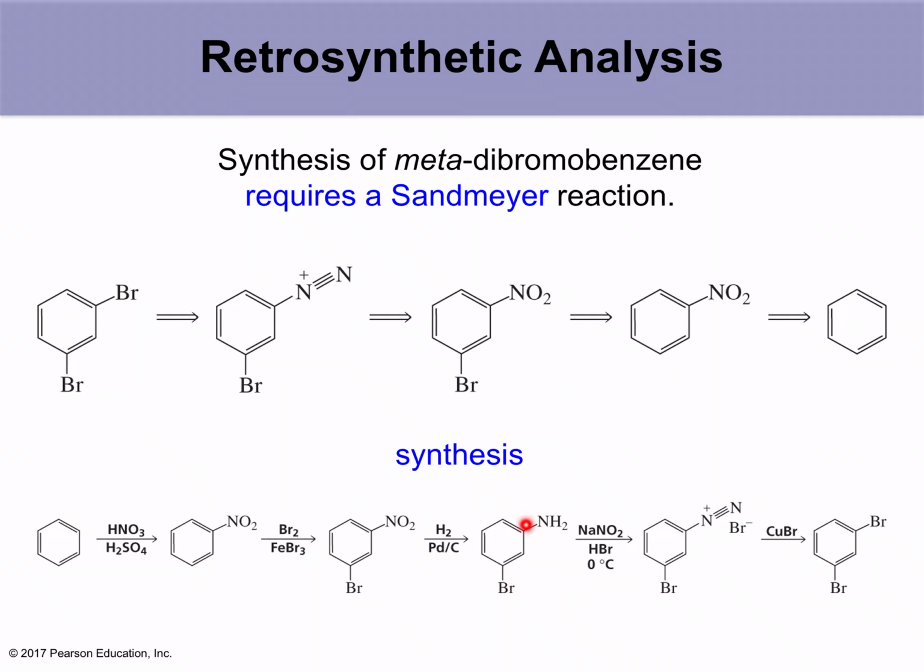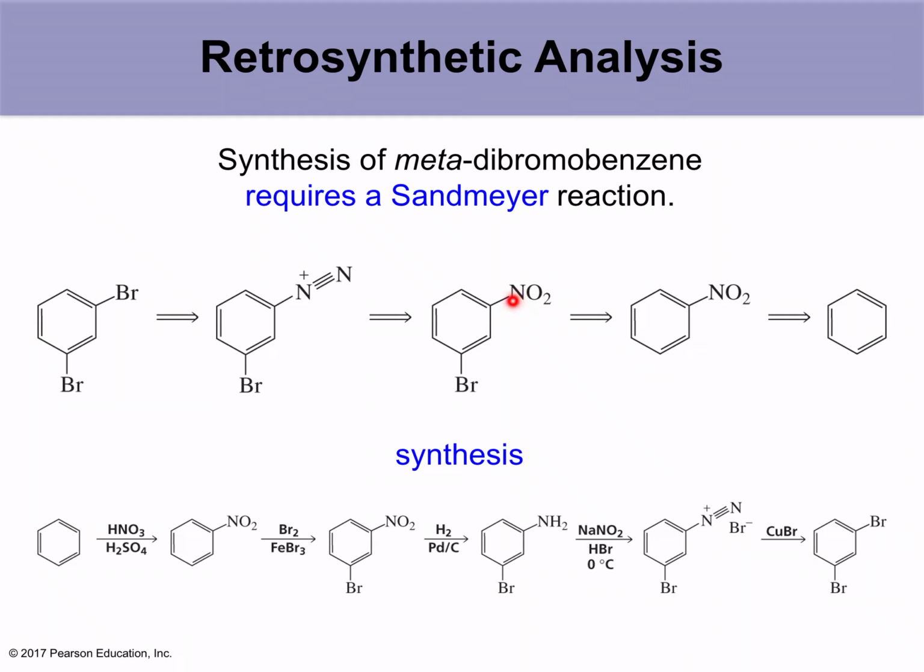Anyway, they have skipped this part over here. That's what got me a little confused. Because the diazonium salt needs to come from an NH2 group, which is not shown here. But we can make the NH2 group from nitrobenzene. That's what we are seeing over here. We can get to the diazonium salt from the nitro group.